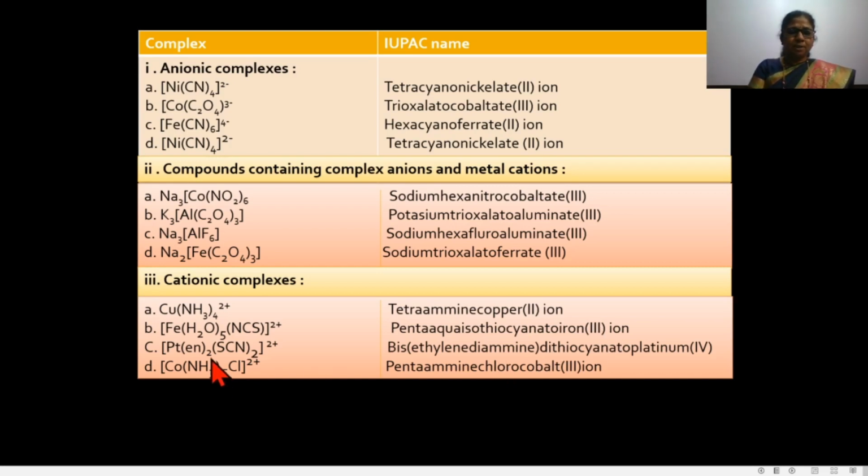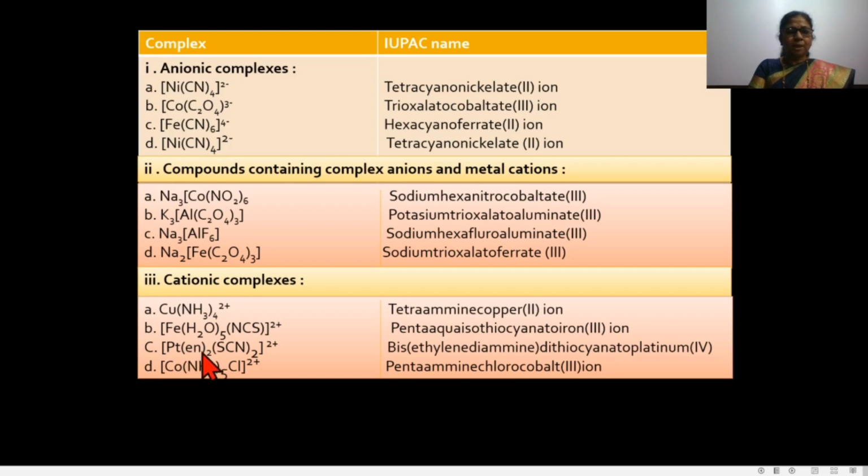Now see the next example, platinum (en)2. En is ethylenediamine. If the ligands have numerical prefixes, then use bis. How many groups are these en?